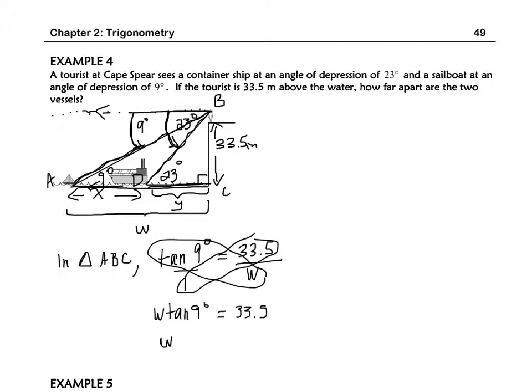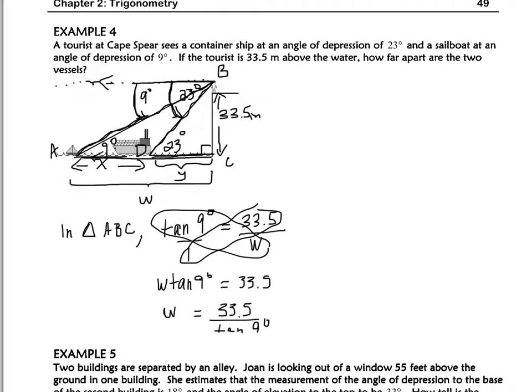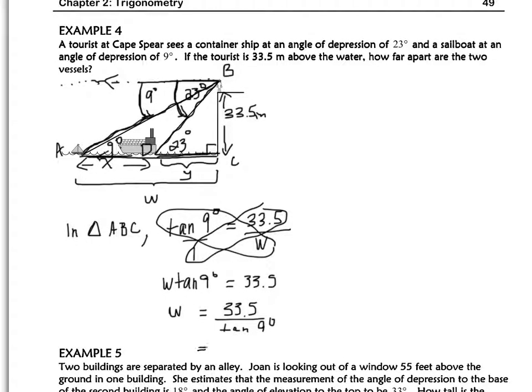So if you want to get W by itself, you need to divide both sides by tan 9. So that would be 33.5 divided by the tan of 9 degrees, which equals 211.5106, so I'm just going to round it off to 211.5.